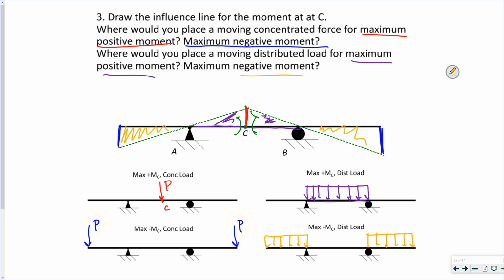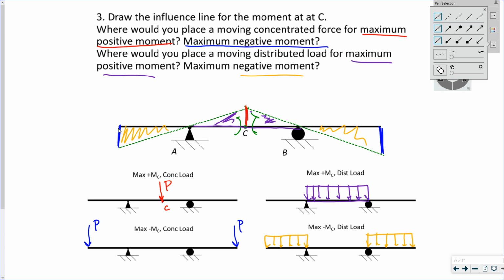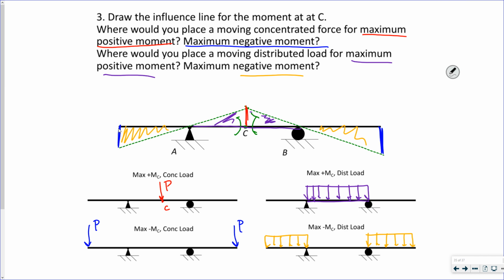And these are, again, maybe easier to see. What would our displaced shape look like? If I applied this concentrated load at point C, I would have a displaced shape that kind of looked like that.